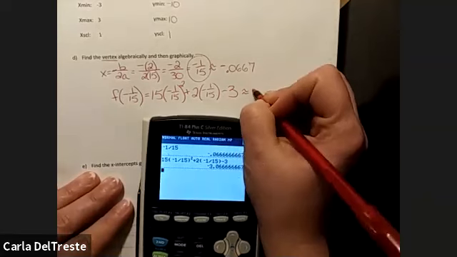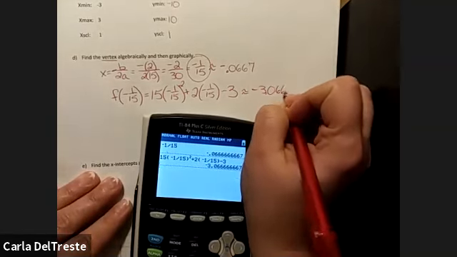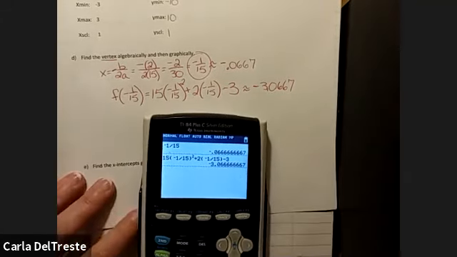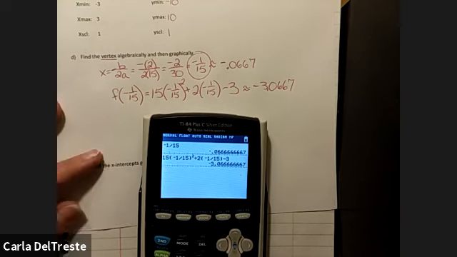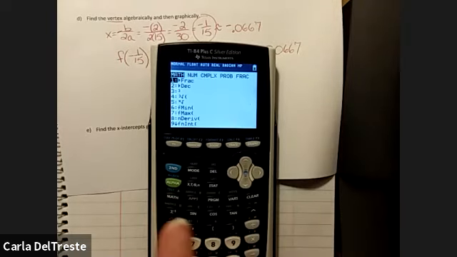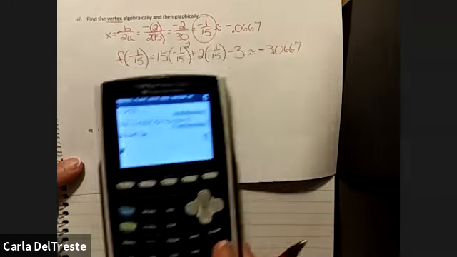This is approximately negative 3.0667, okay, and I can round that off. But if I want to get an exact output, I can make my calculator do that by going to Math, so the button Math, and then choosing number 1, choosing frac, and hitting enter. And now I can see that negative 46 over 15 is my exact answer.